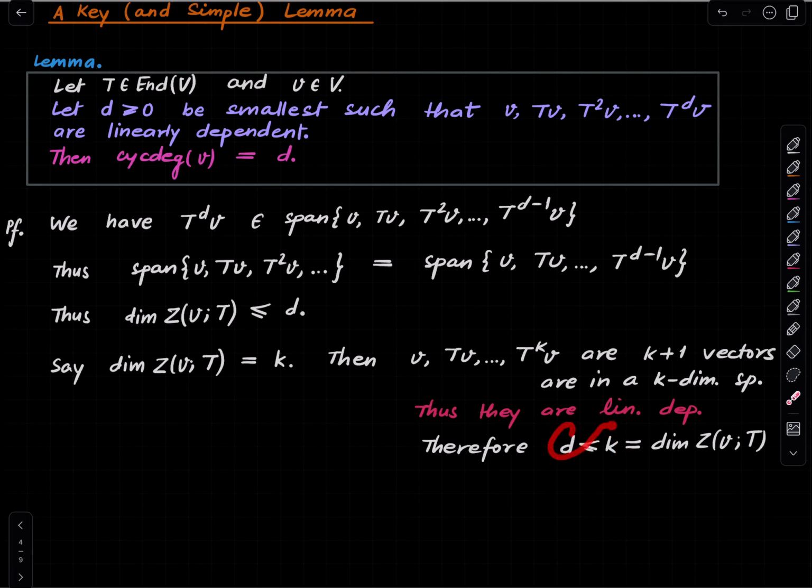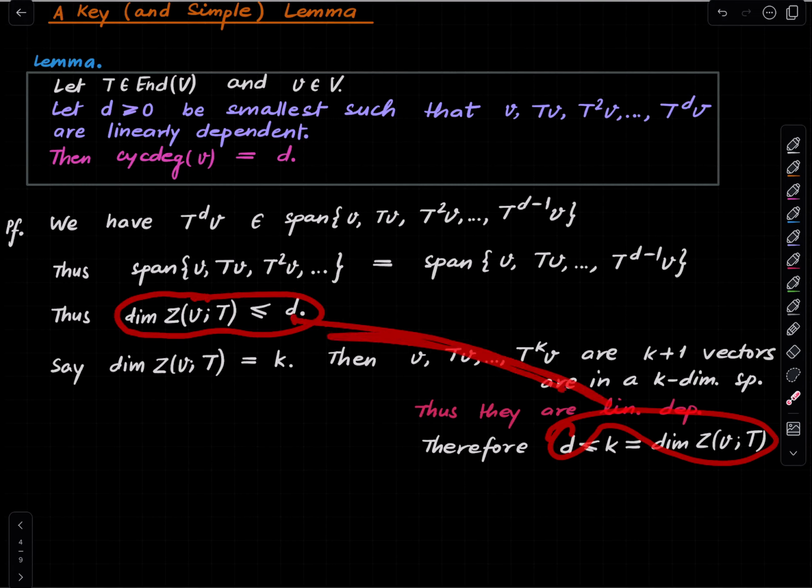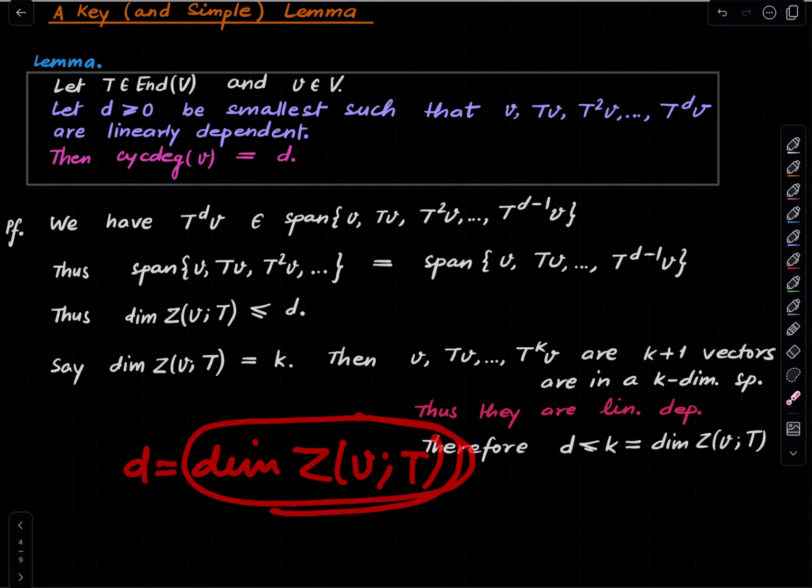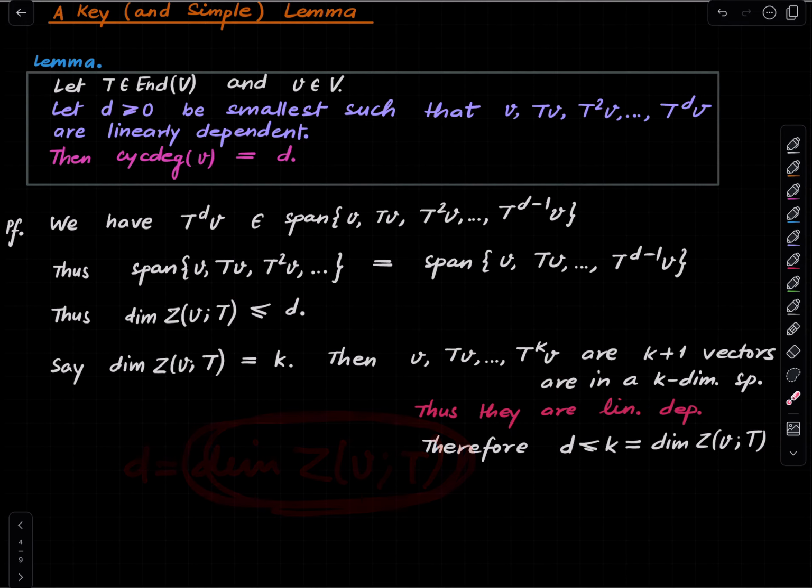So D is less than or equal to that, and the dimension is less than or equal to D. So you combine these two inequalities, we see that D must be equal to the dimension of the cyclic subspace generated by V, and this is the same as the cyclic degree of V. So we have proven this very simple lemma. All right.